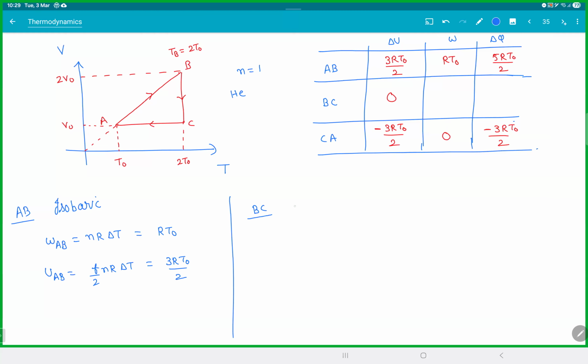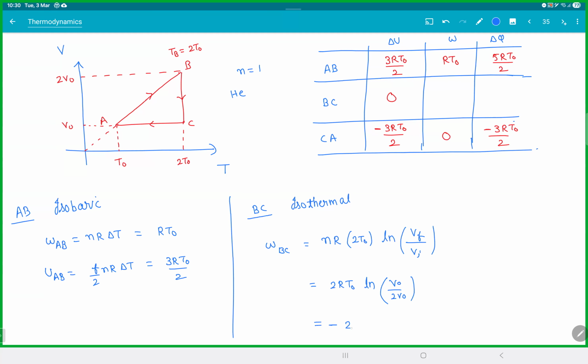So B to C is your isothermal process. So work done from B to C. Now be careful with the formula here. nR times the temperature of the body, which is 2T naught, ln V final by V initial. n is 1, so that will be 2RT naught ln of V final, you're going from B to C, so that is V naught by 2V naught.